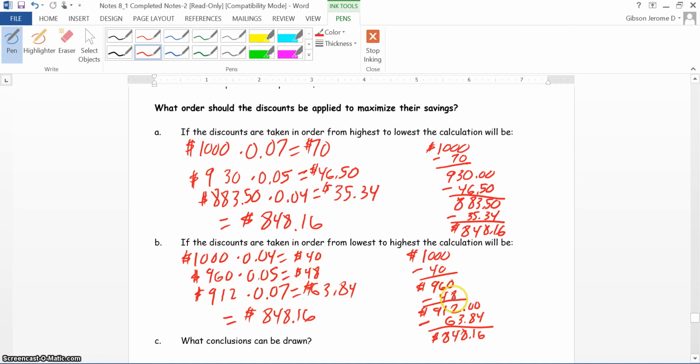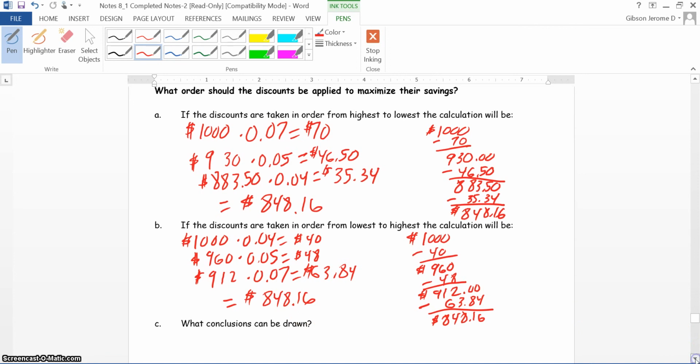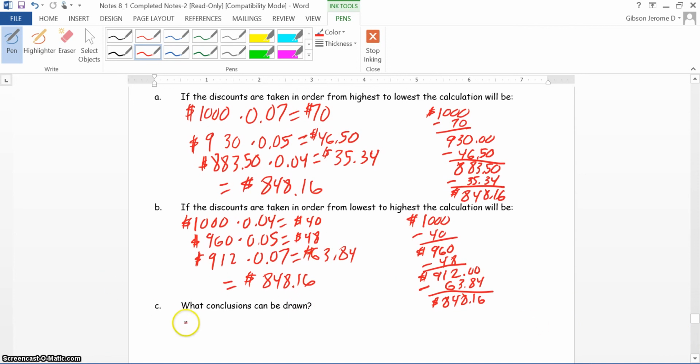So we subtract $48 from the 960, which leaves us $912. And we take $912 times the 7% discount, which gives us $63.84. So we take $912 minus $63.84, and that leaves us $848.16.